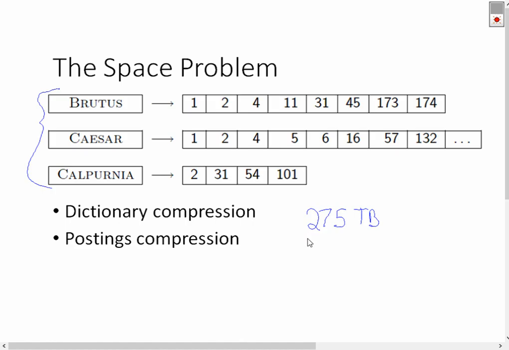So just the textual words in the books and materials that are digitized, not images or anything else, it's roughly 275 terabytes. And a terabyte is essentially 1,000 gigabytes. So this is very large. You can get a sense of just what it's going to take to index the Library of Congress.